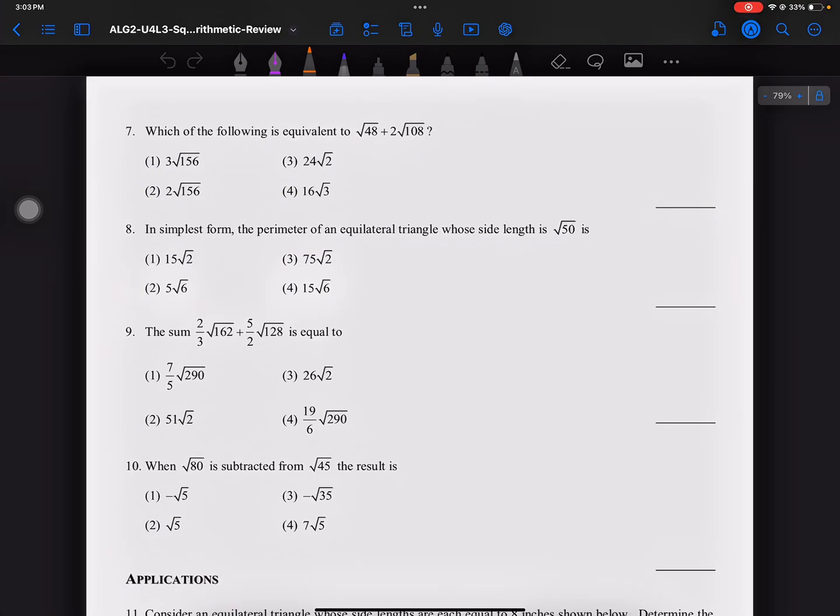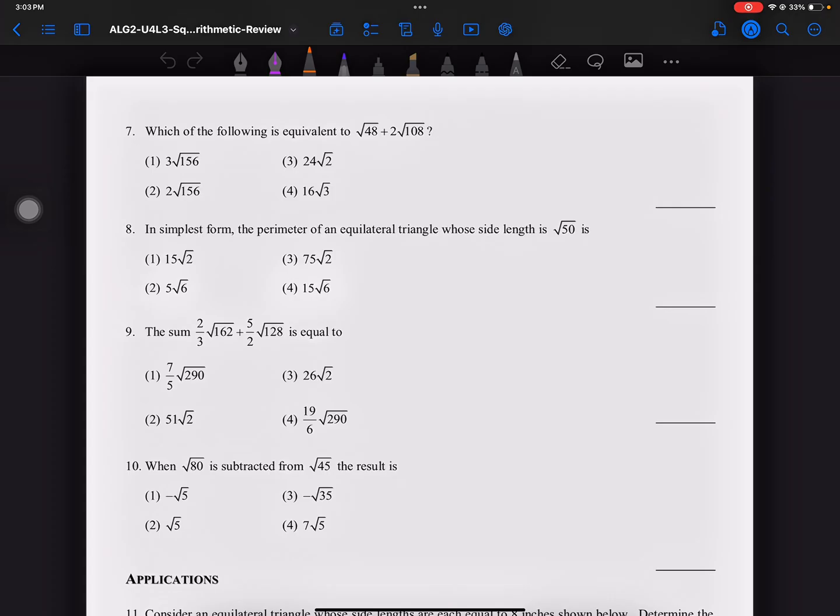So for question 7, we cannot add this yet because the numbers inside the roots are different, square root of 48 and square root of 108. Our first job is to write each radical in simplest radical form. So look at square root of 48. Look for a perfect square factor of 48.